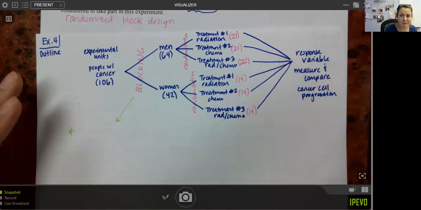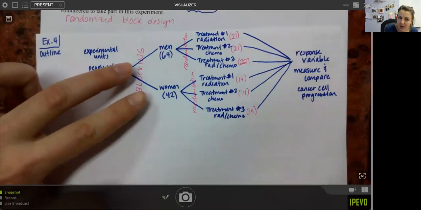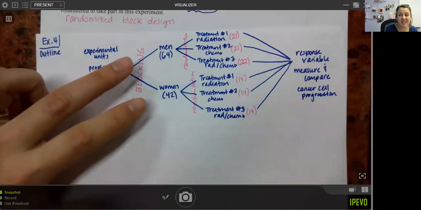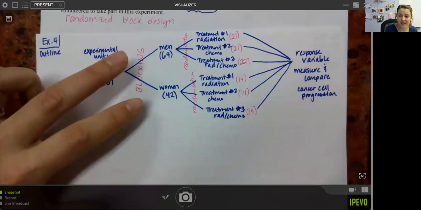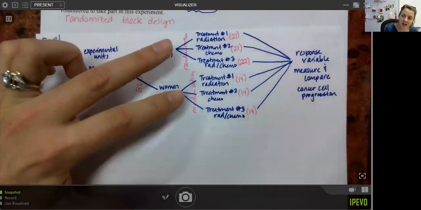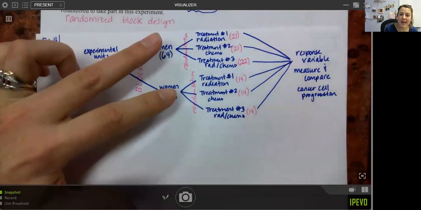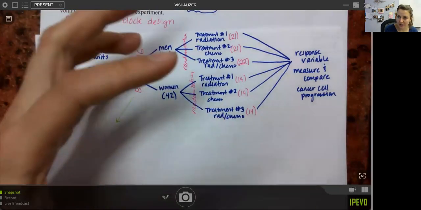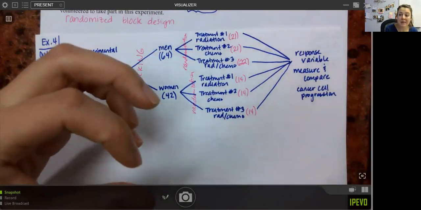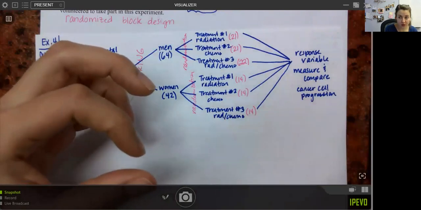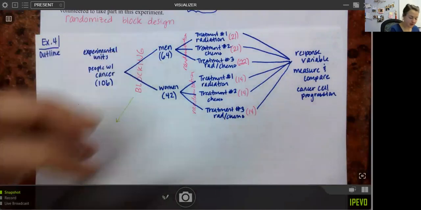Stratification reduces variability. So the same is true when we talk about blocking. Why do we block on men versus women? Well, we believe that that's a variable that's making a difference. So if I block on that variable, I'm going to get more homogeneous information among my groups, meaning that there will be a reduction in variability.